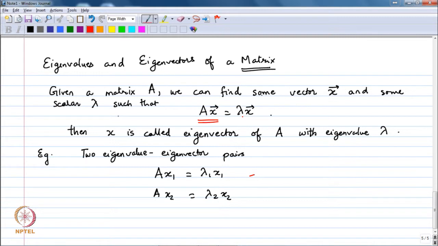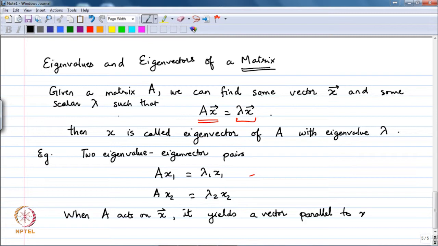Okay. So the question is, so the point is, so when A acts on X, it yields a vector parallel to X. So, in other words, it yields something in the same direction, it does not change the direction of X. Okay.